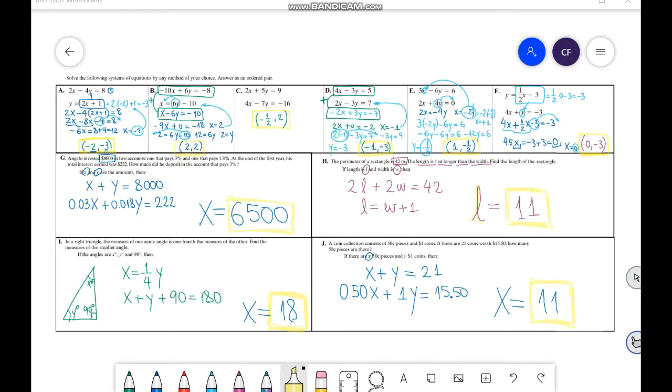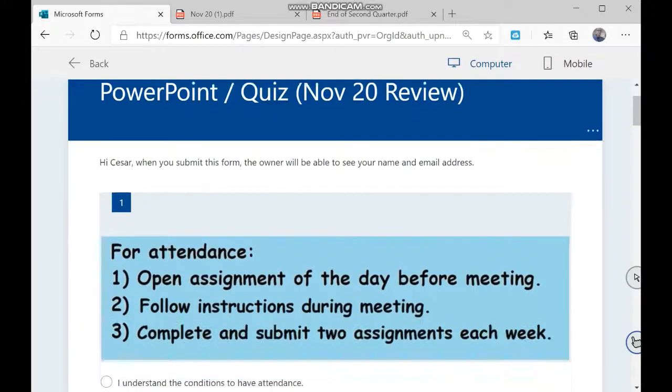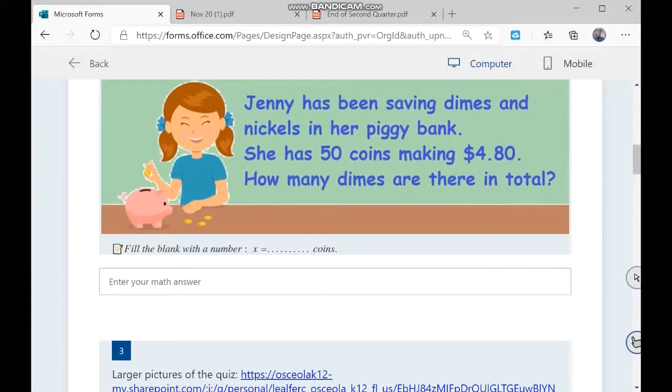Let me show here the bell work. I don't know if you remember this, but it's quite similar to the last question that we worked, that is about coins. Jenny has been saving dimes and nickels. The total amount of coins that she has is x plus y equals 50.